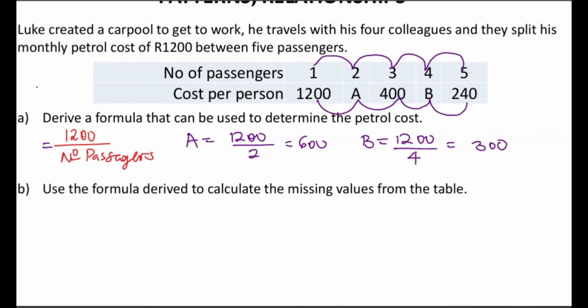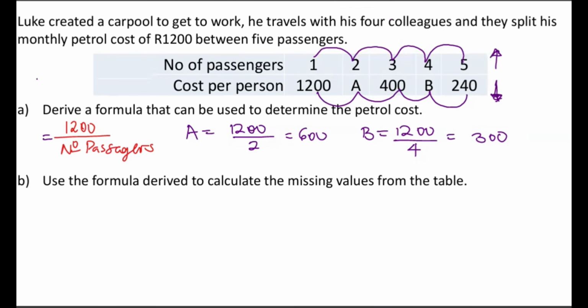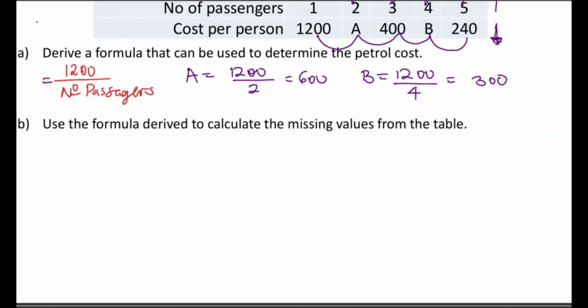This one here is reducing, whereas the number of people are increasing. What kind of relationship is here? We shall say it's indirect. It's indirect. Okay. Use the formula to derive and calculate the missing values. We have already seen that.